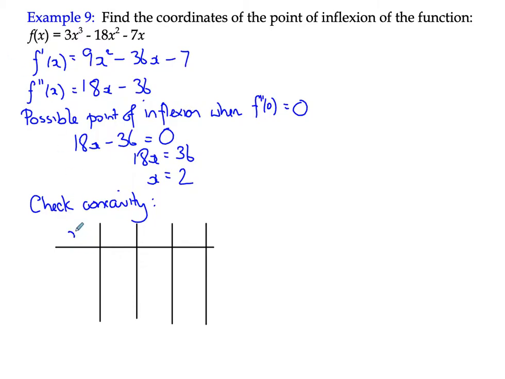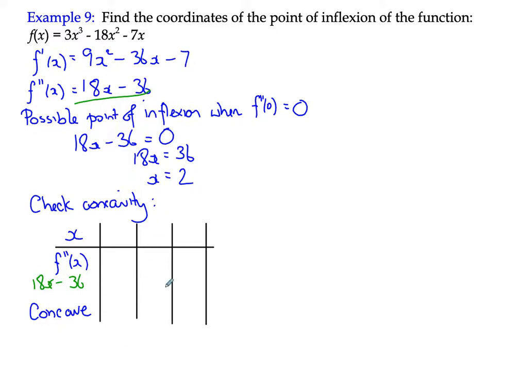On the left-hand side, we've got the x values at the top, then the second derivative we're going to think about, which is 18x minus 36. And we also want to think about the nature of the concavity, concave up or down.